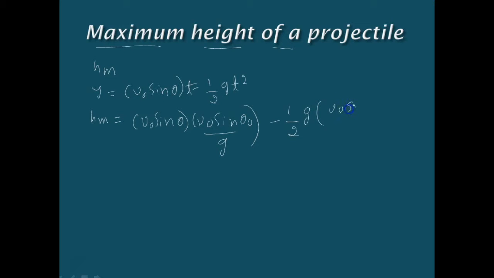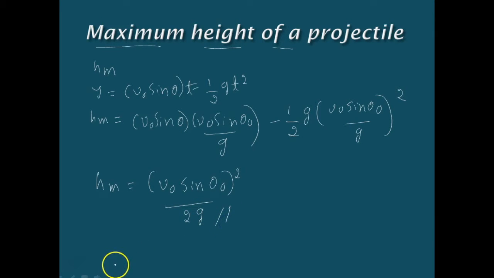If you simplify this, we get Hm is equal to V naught sine theta naught whole square divided by 2g. This is the expression for the maximum height of a projectile.